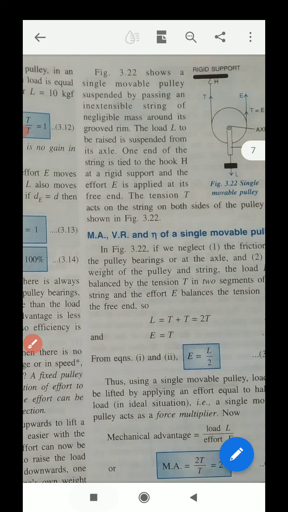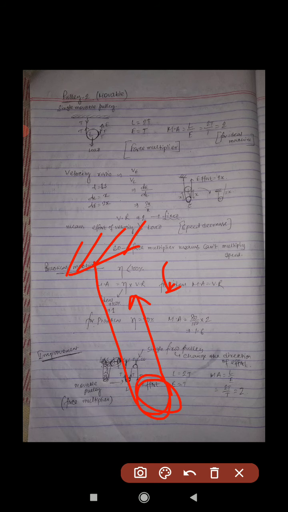Now move to the picture here. Students, one thing you just need to understand, then you will be totally clear. See, there is a tension force. Effort. Here is the pulley, here is the load.